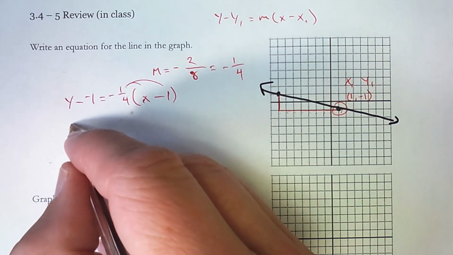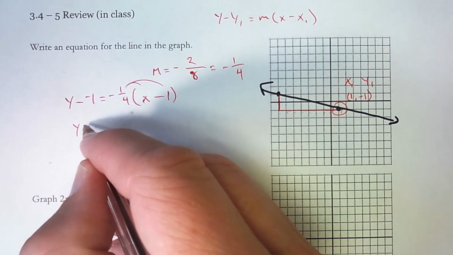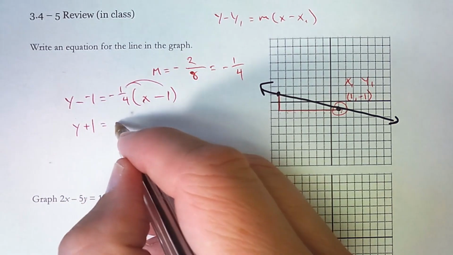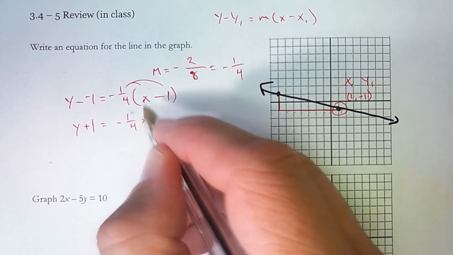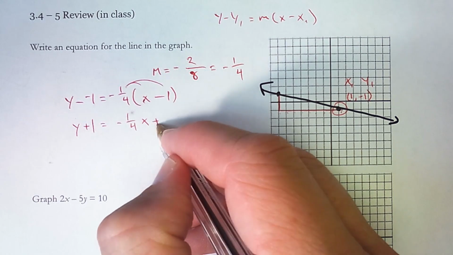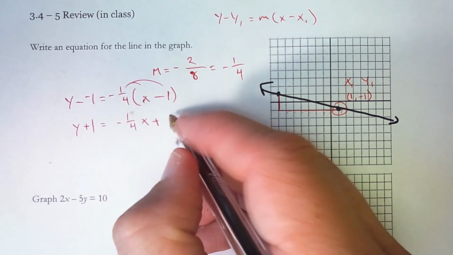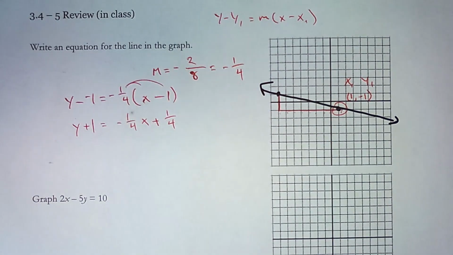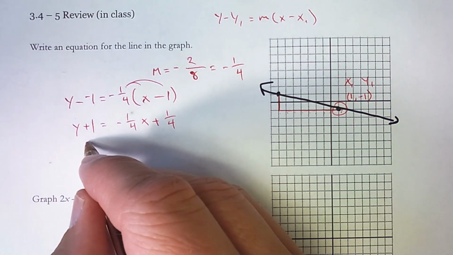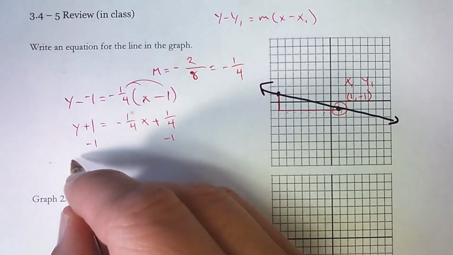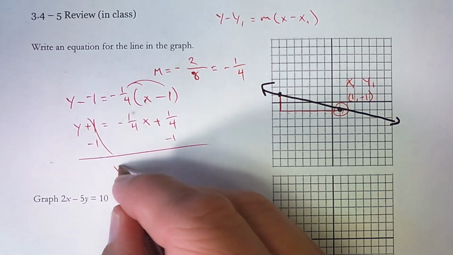Now we'll distribute that -1/4, and minus negative means plus, so y plus 1 equals -1/4 x, and then negative times negative is positive. 1/4 times 1 is 1/4. And the last step to put this into slope-intercept form is to subtract 1 from both sides.